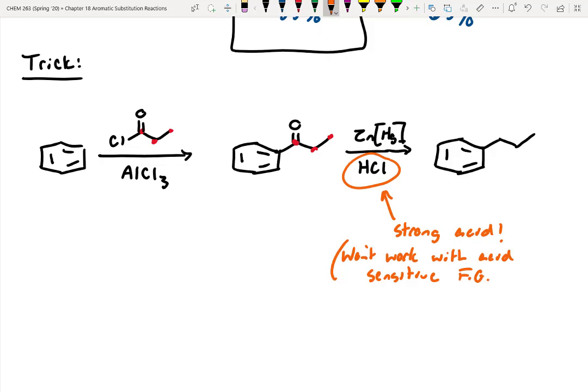Luckily, the starting material that we're working with, meaning this starting material right here, doesn't have any acid-sensitive functional groups, so we don't need to worry about it here. We'll actually cover a few different reactions later on this term that look remarkably similar, where you can get rid of the CO double bond, but under more mild conditions or under basic conditions.